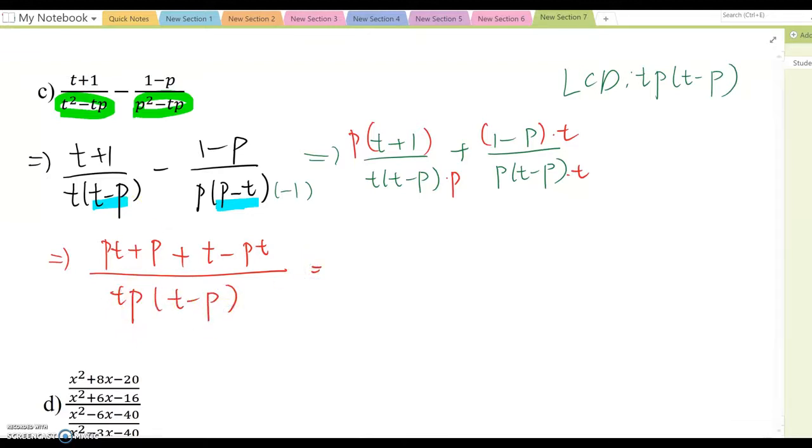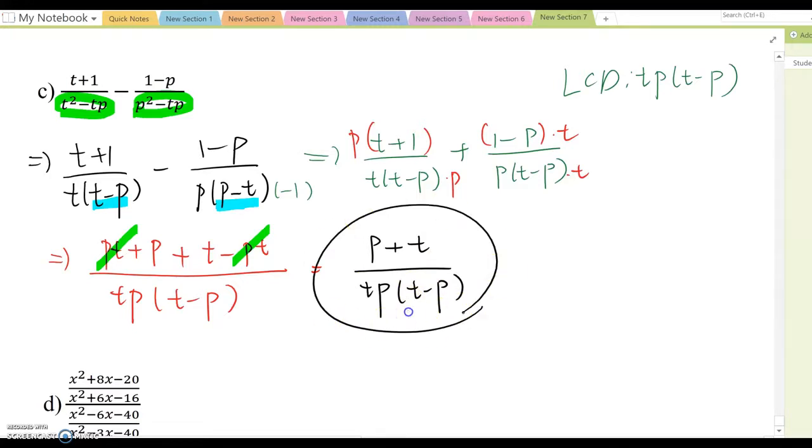So, as you see, these two cancel out. Therefore, p plus t over tp and t minus p. Since p plus t and t minus p are not opposite, that is the answer.